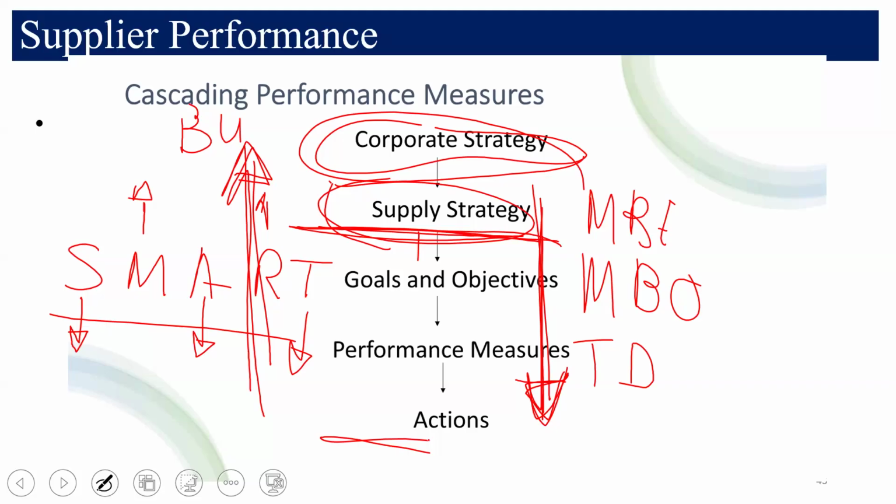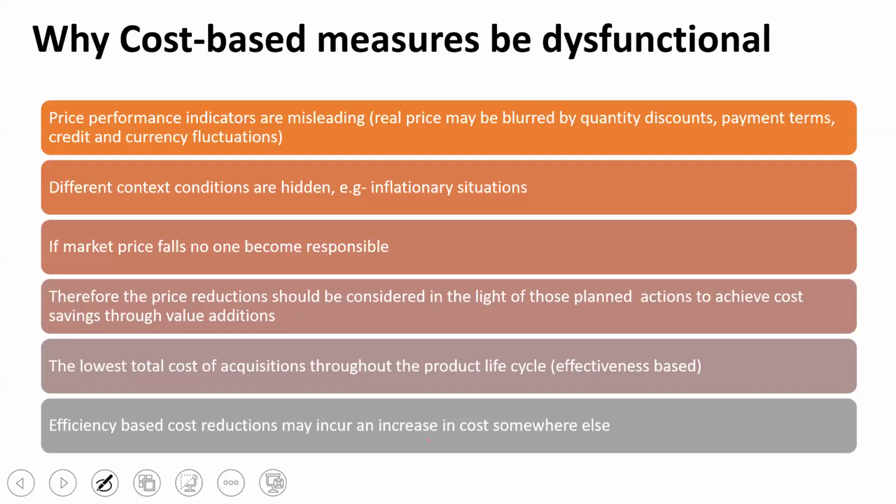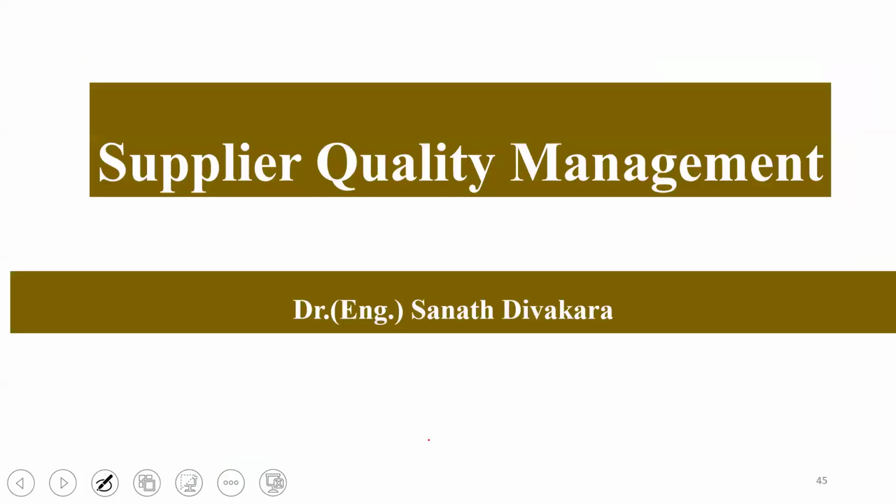So supplier performance, there will be a question in this area. And why can cost-based measures be dysfunctional? This part also you have discussed, right? Go through all this. And then we discussed quality management.